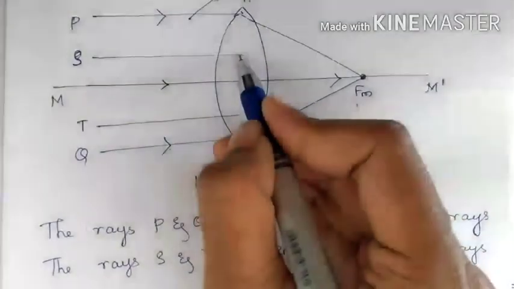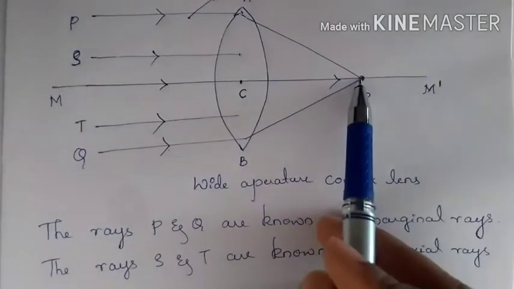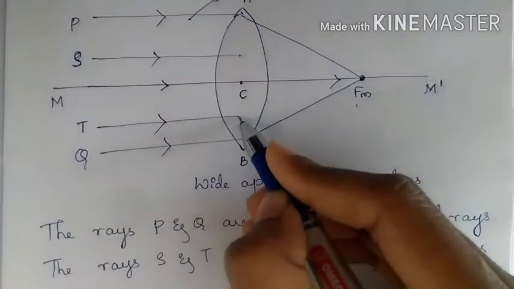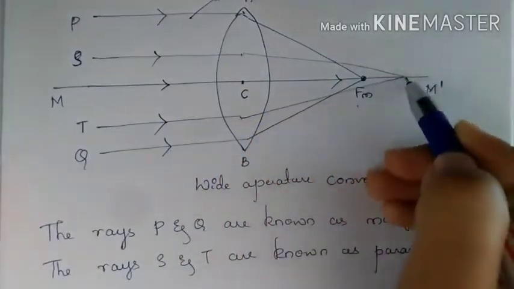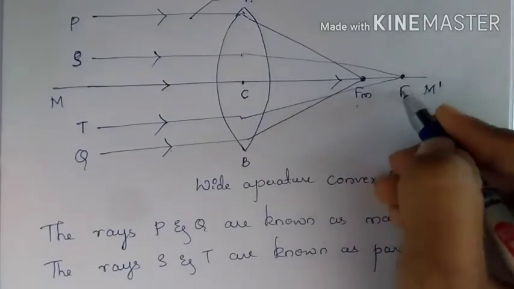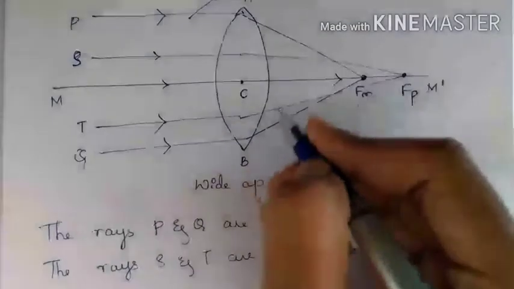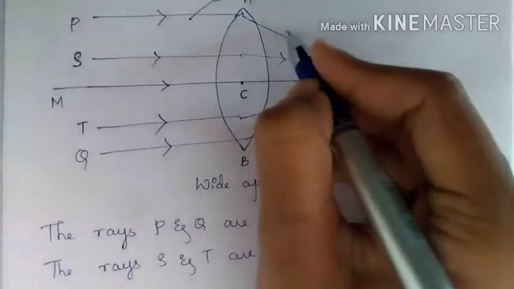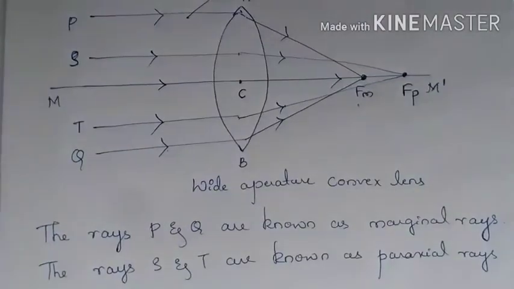Now these two rays, which are again coming from infinity, will fall on the wide aperture convex lens, and they get refracted and fall at a point different from FM. These rays will fall at a point FP. Now if you observe, all these four rays are converging rays, but they all meet at different points.